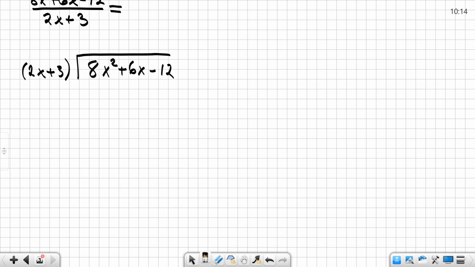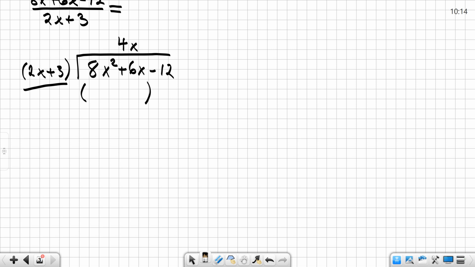2x goes how often into 8x squared? So in other words, 8x squared divided by 2x. 8 divided by 2 is 4. x squared divided by x is x. Now I take 4x and I multiply it with the divisor right here, and I write it underneath here.